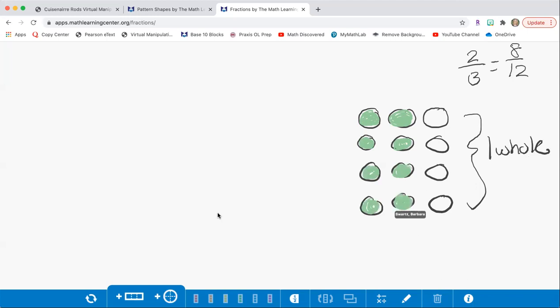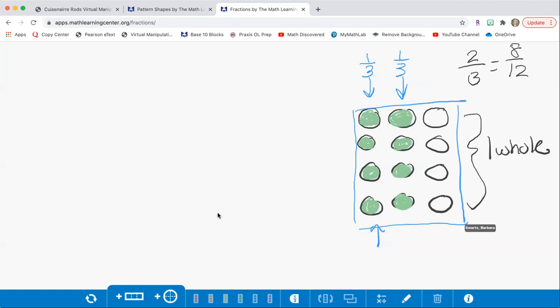And now what we can see is that each column, before I had 1/3 here and 1/3 here. And now as I look down the whole set, I still have this is a third and this is a third. And so I can see my 2/3 right here. And we can see that that is, sorry about that, erased too much.